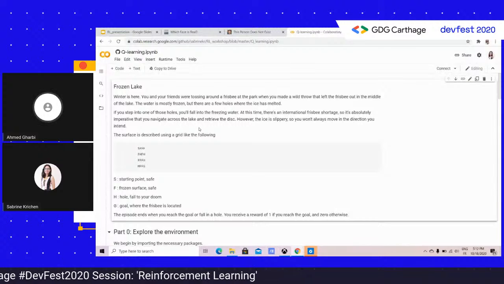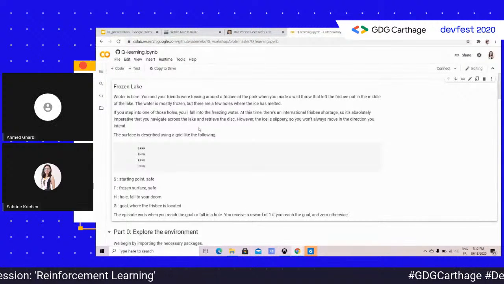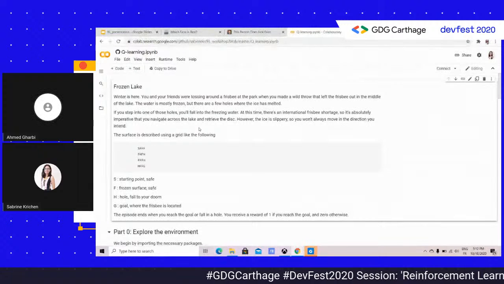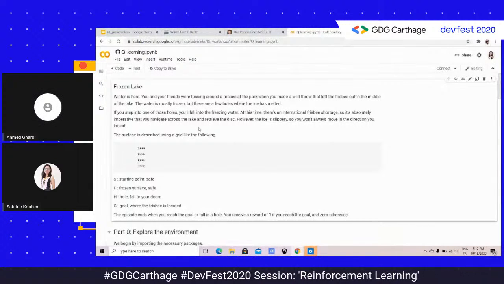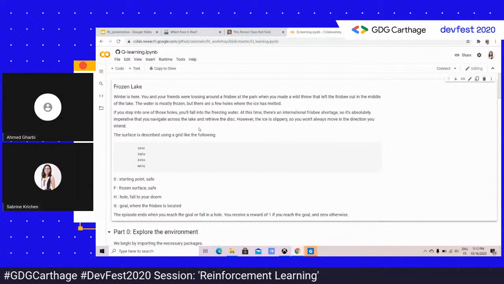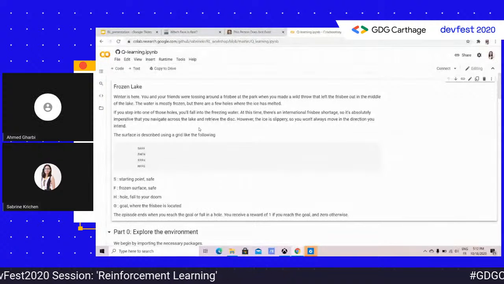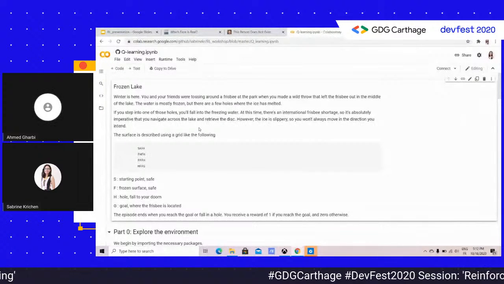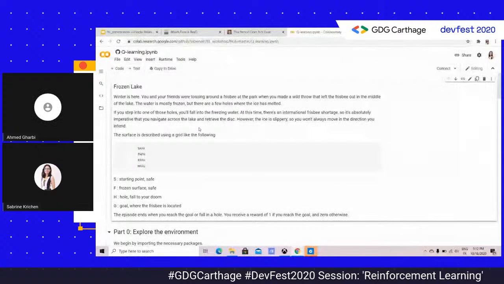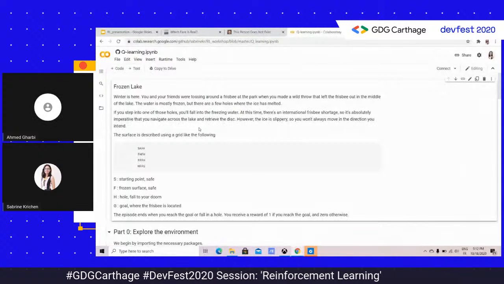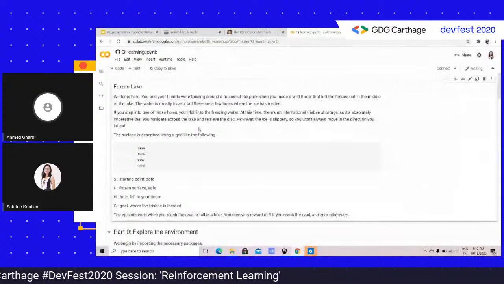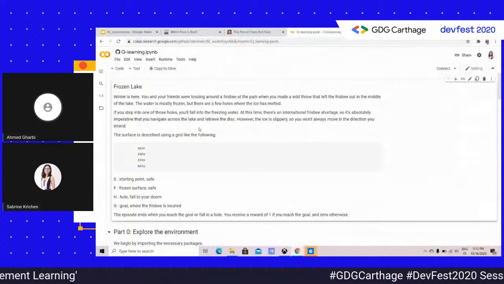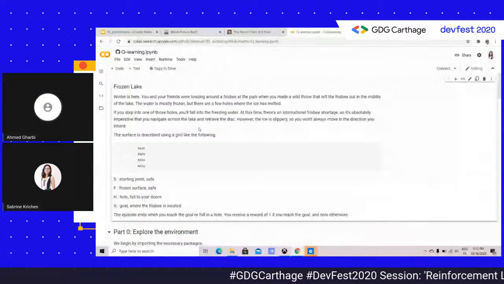There is a frozen lake and the water is mostly frozen everywhere, but there are a few holes inside this lake where the ice has melted. For example, here you can see a representation of the surface of the lake. We can represent the lake as a 4x4 grid, and there are 16 possible states.